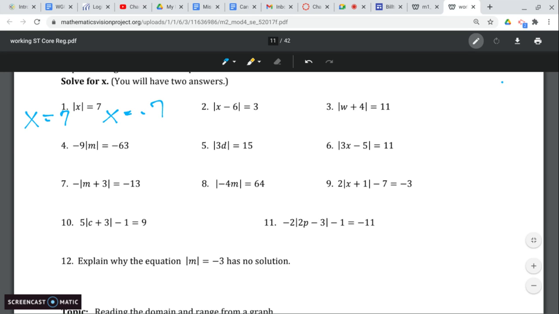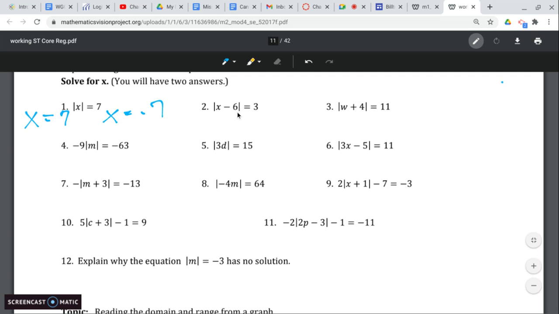So with absolute value, you always end up with a positive solution. Another thing: when you get the absolute value all by itself, like it is here in number 1, if it equals a negative number, that means there is no solution because you can't have a negative distance. So for number 1, these are our two answers because we didn't have anything else inside the absolute value to worry about solving.